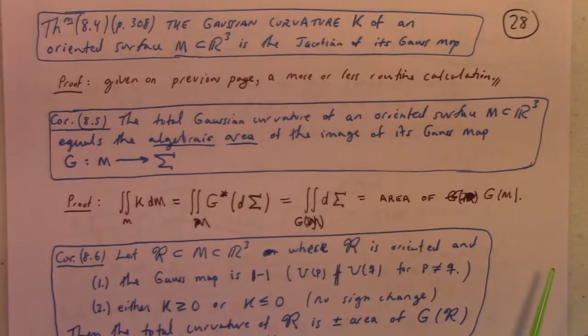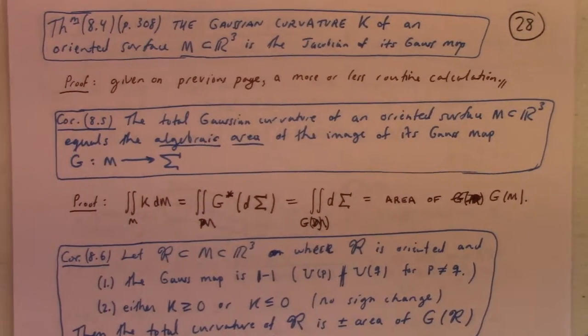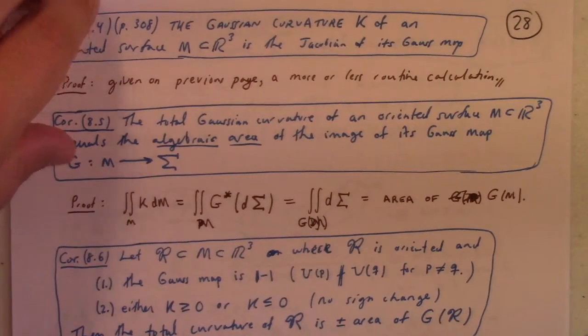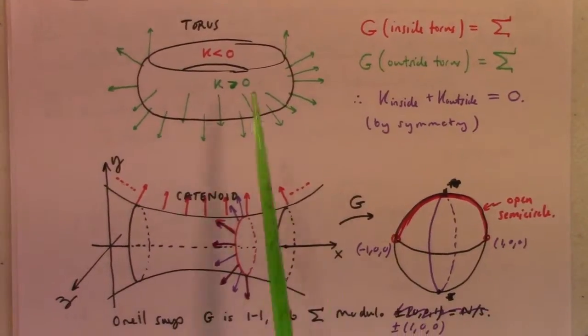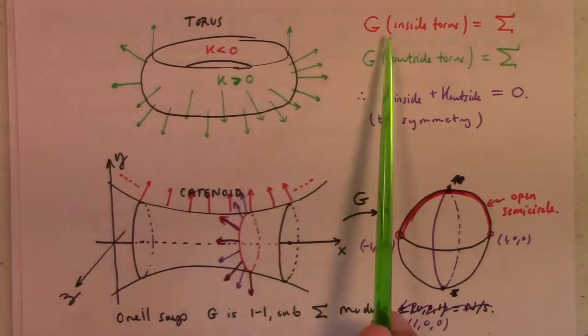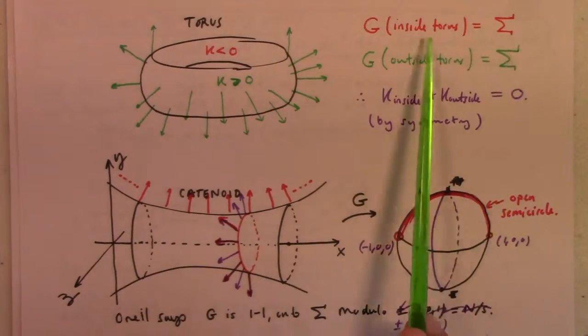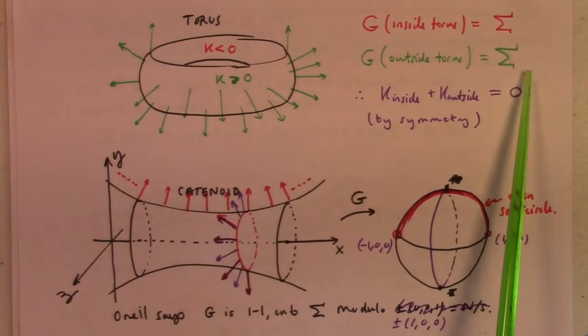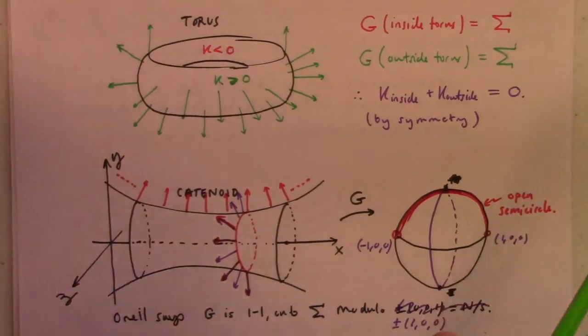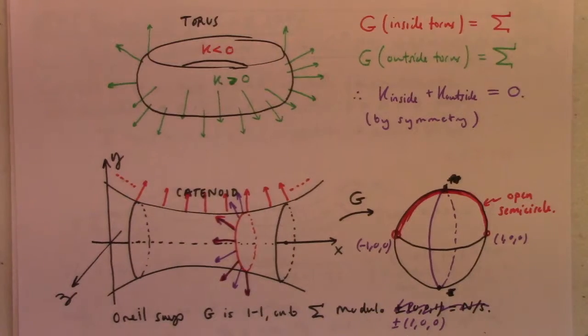And we already saw that in play for the torus when we looked at the total curvature of the torus, so K positive, K negative. The Gauss map of the inside of the torus maps to the whole sphere, and the Gauss map of the outside of the torus also maps to the whole sphere, because the torus is basically the image of two pi angle segments, 2 pi and 2 pi for both of the angles.